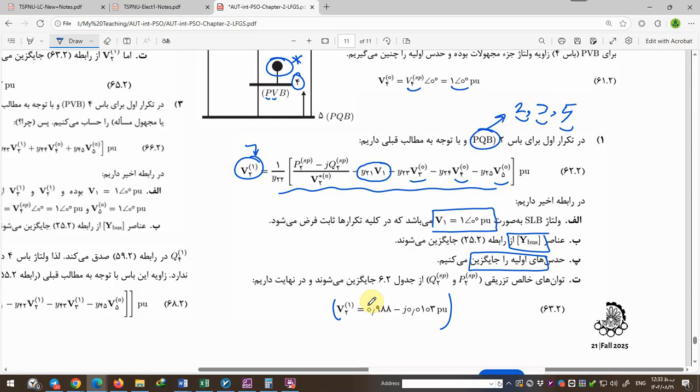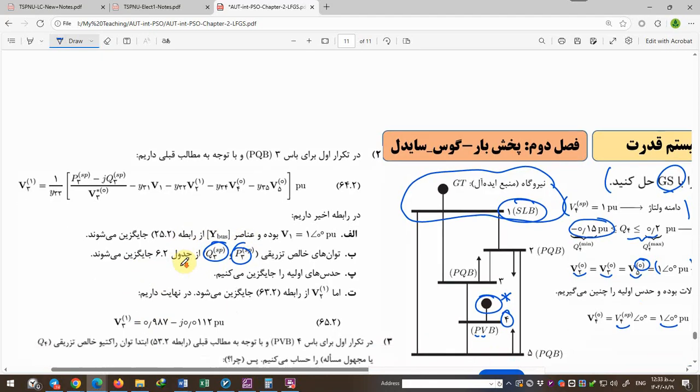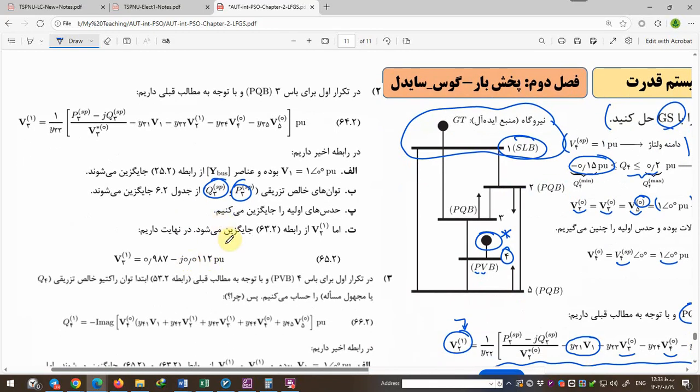Okay, another step is finding V3, the first iteration of V3. Q3 or P3 is specified as a PQ bus, and the first iteration of V in bus 3 is written here.